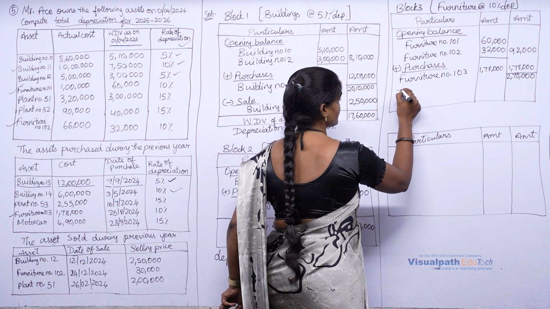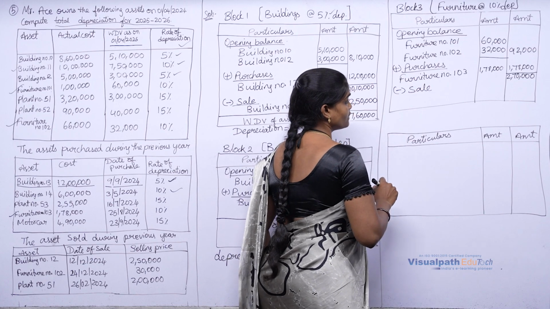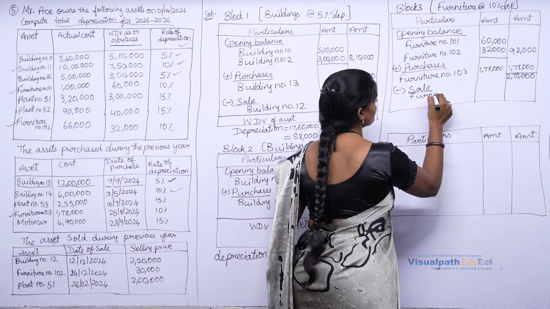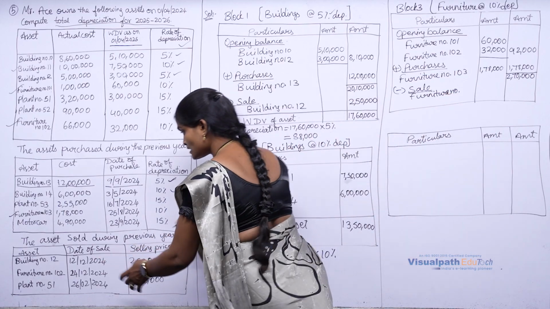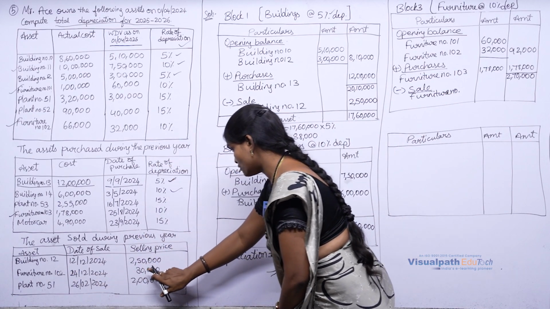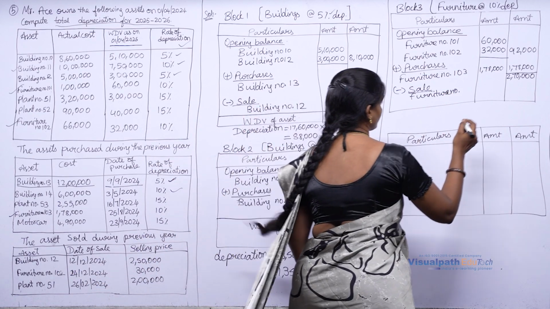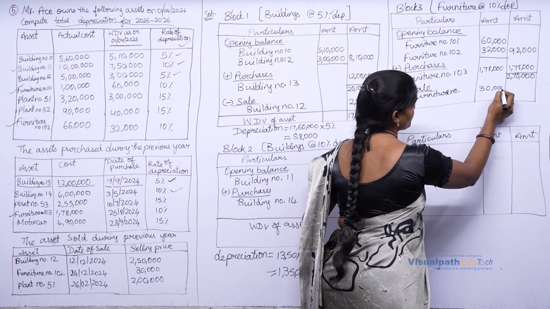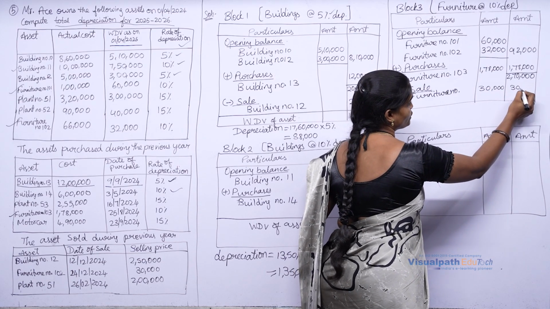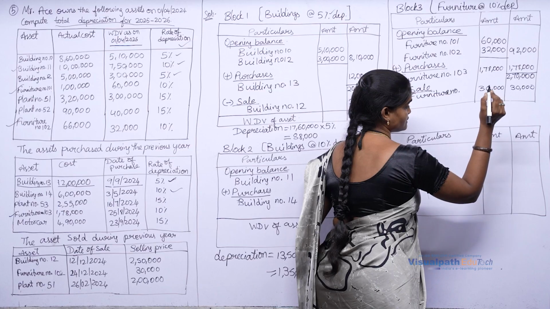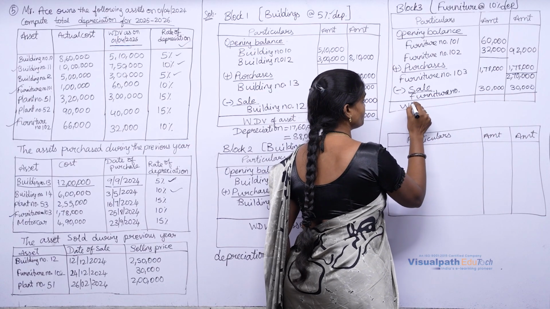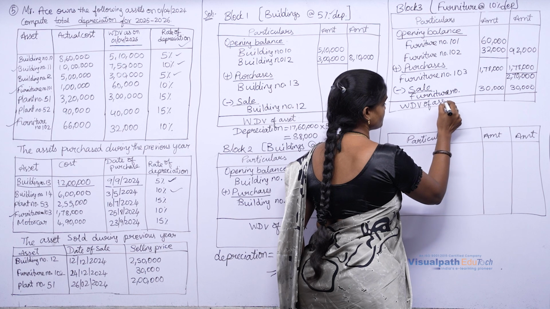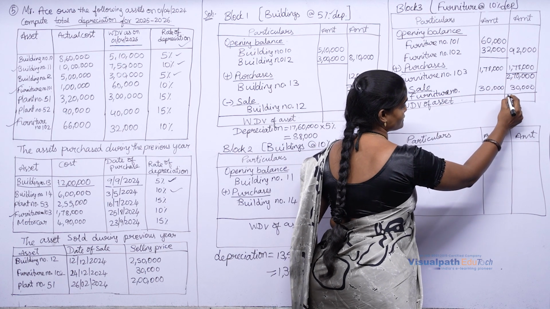So, minus sale value. Okay. Which furniture is sold? Furniture number 102, which is sold for 30,000. Write the amount in the outer column. 2,70,000 minus 30,000 will give you the written down value of the asset.